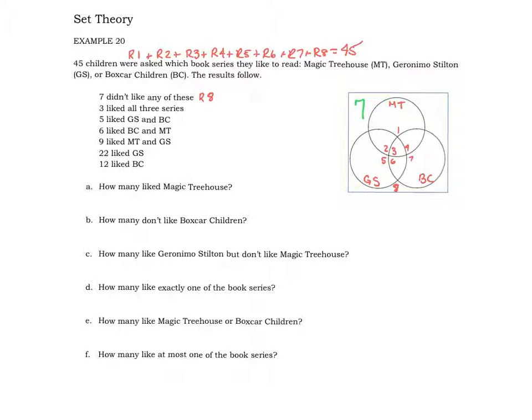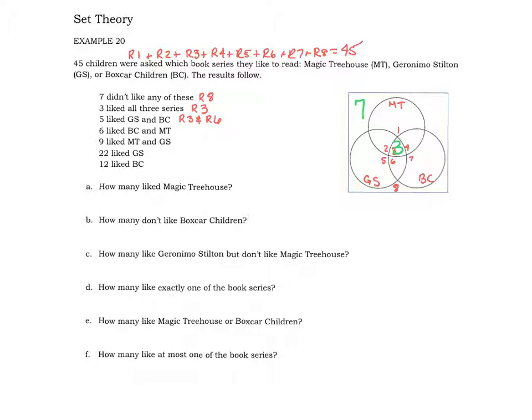3 liked all 3 stories. Again, that's just one region. And I'm ready to go ahead and label that right now as well. 5 liked Geronimo Stilton and Boxcar Children, so that's regions 3 and 6.